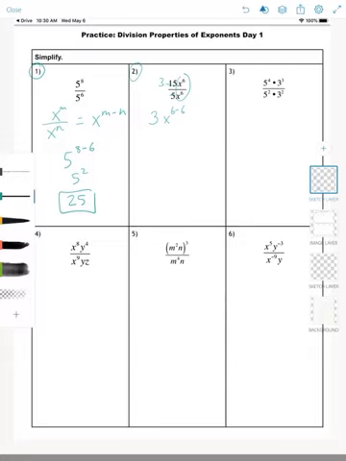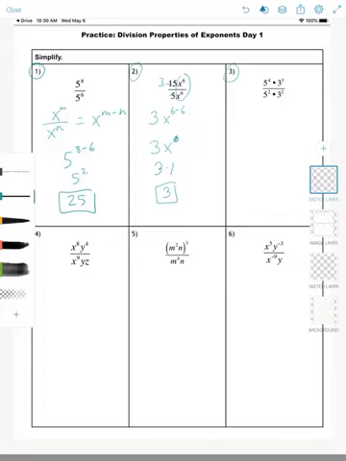Well, you might have just seen that if you have an x to the 6 on the top and an x to the 6 on the bottom, those will all cancel out, leaving 1. And here's another way that happens, because you get 3 times x to the 0 power. And if you remember, anything to the 0 power is, hopefully you said 1. So that's just 3 times 1, which is 3.